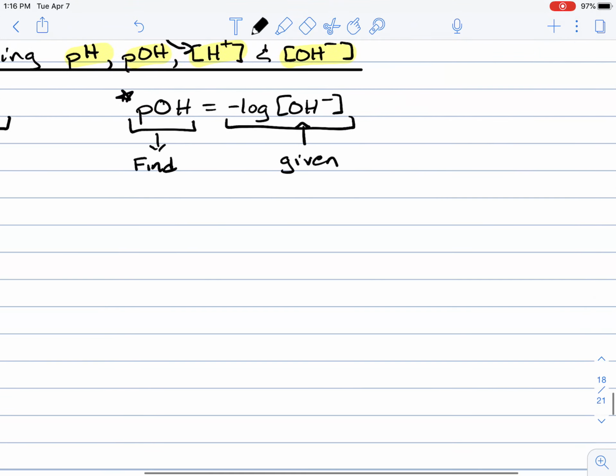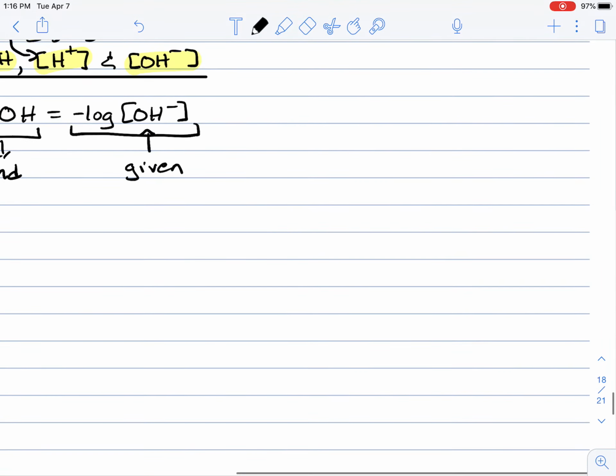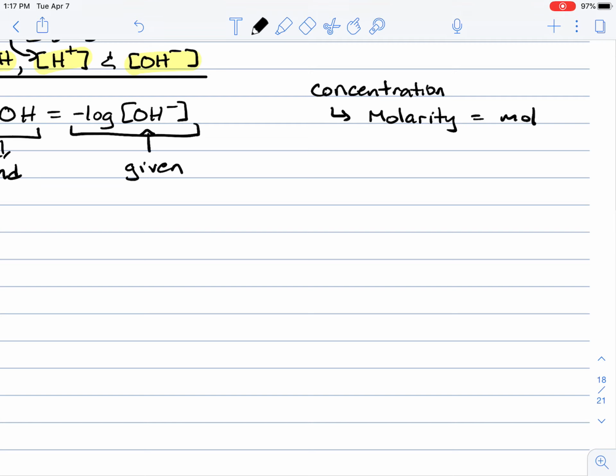Before I move forward, I keep on mentioning the concentration of. If you recall from the previous chapter, concentration just represents the amount of substance per given unit of mass or per given unit of volume. However, in this case, the unit of concentration we're referring to is molarity. Molarity is a ratio of the number of moles of solute over the volume of the solution, which is 1 liter of solution.